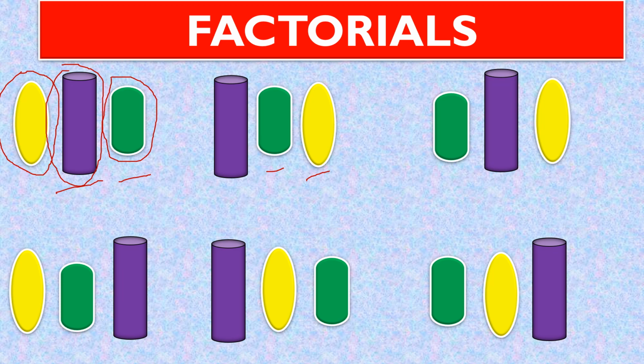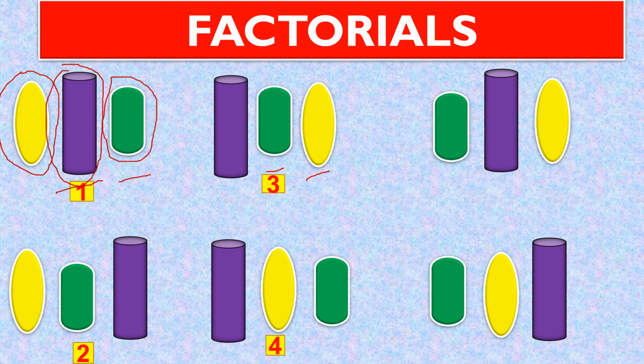So what we've simply done is to arrange three shapes, that is considering the three colors or three shapes, in different ways. So this is the first way, and this is the second. This is the third arrangement.